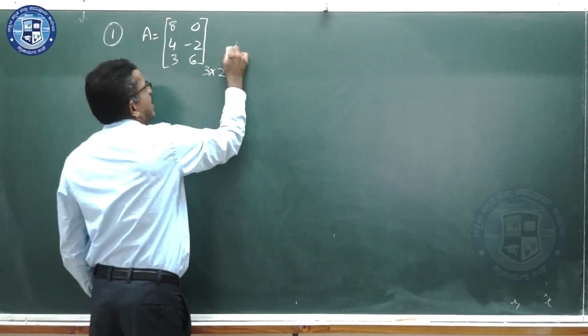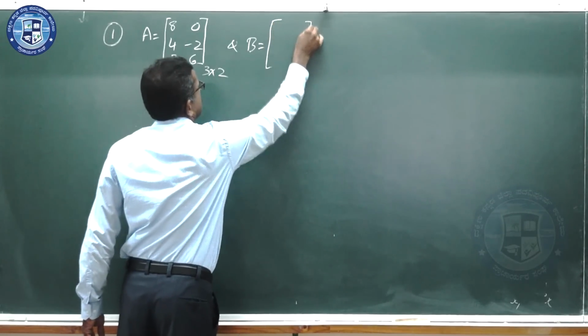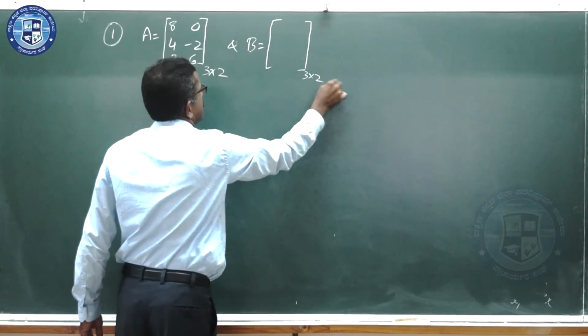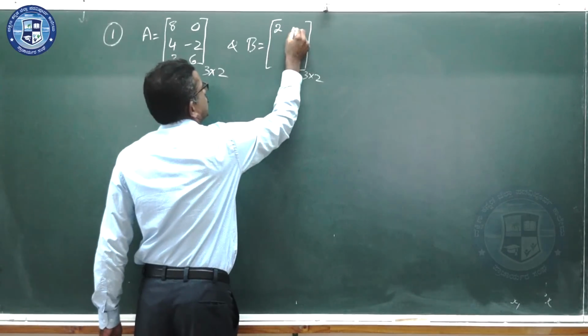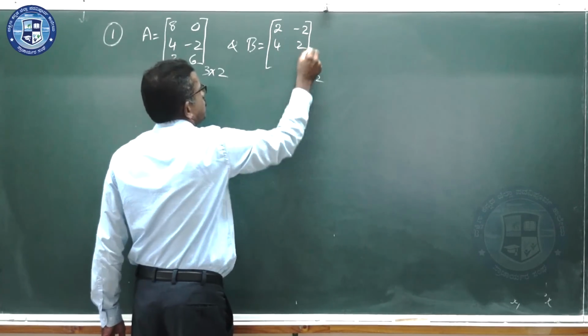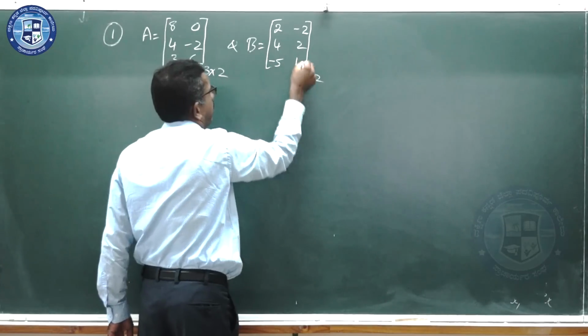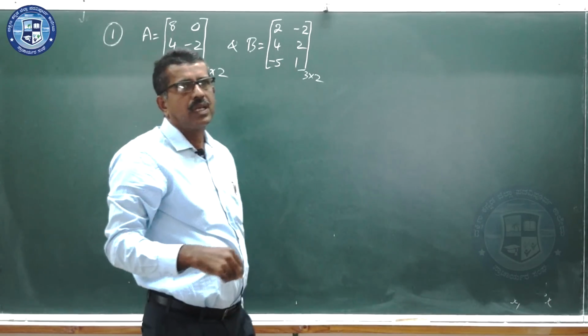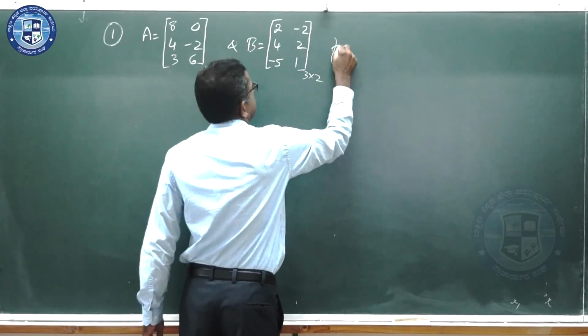Then we take another matrix B with the same order, 3 cross 2. Its elements are 2, minus 2, 4, 2, and the third row is minus 5, 1.